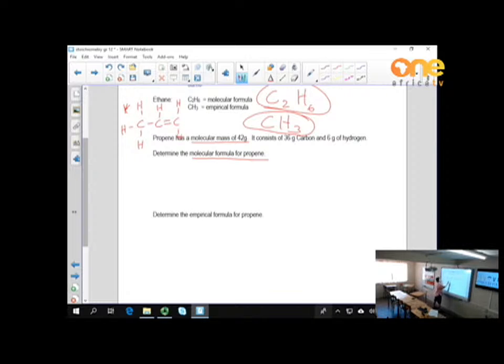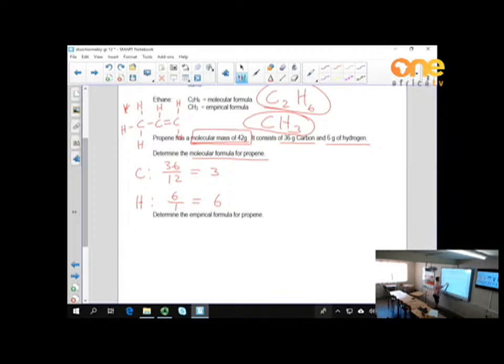So, they say the whole thing has a molecular mass of 42, of which 36 grams is carbon and 6 grams is hydrogen. So let's work out the empirical formula. For carbon, it's going to be 36 over 12, and hydrogen, I will have 6 over 1. So over here, I get 3, and over here, I get 6.